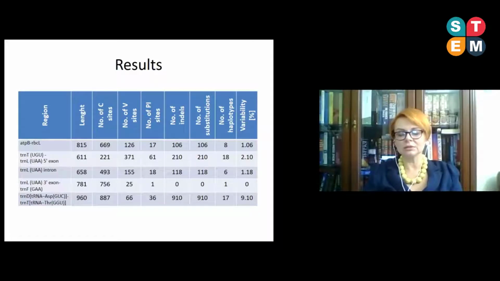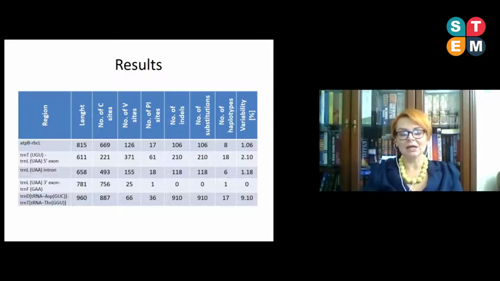We can also see that one region is conservative in related species. As demonstrated in the study, the TRNDT region has shown high occurrence of indels, even in closely related species.